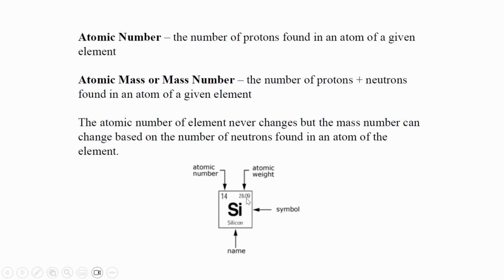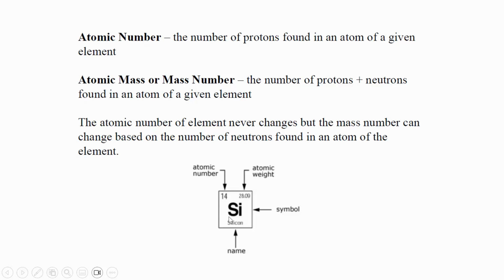But the atomic weight differs here because in most elements there are isotopes, or alternative forms of atoms that differ in the number of neutrons. The atomic number, the number of protons, never changes, but the mass number can vary based on the number of neutrons found in an atom of the element.